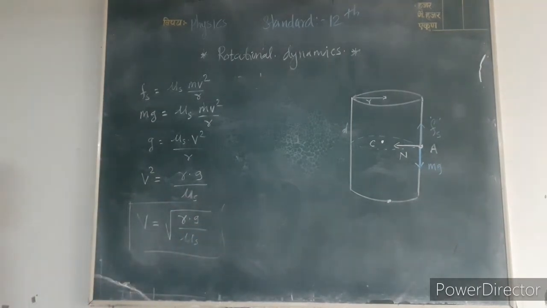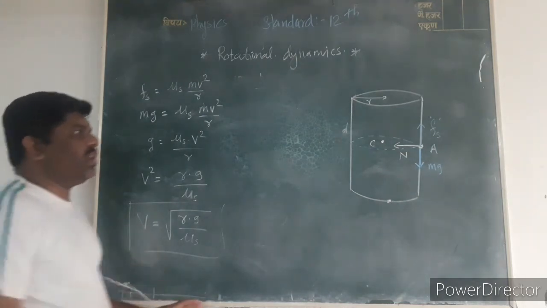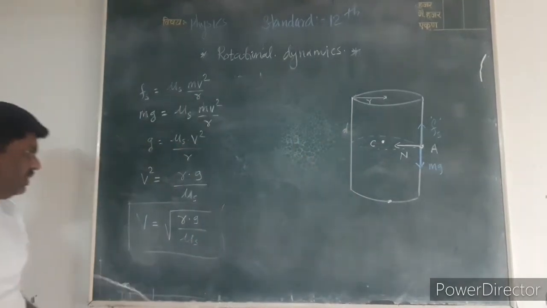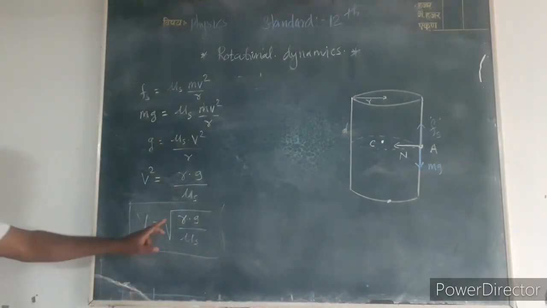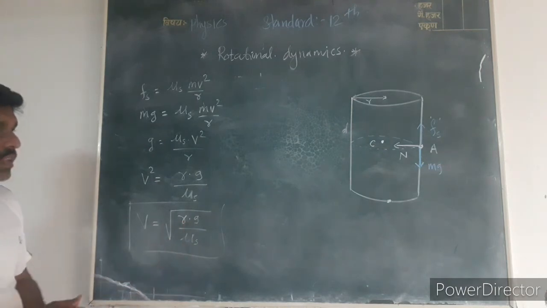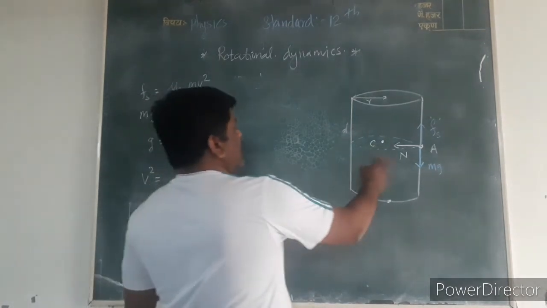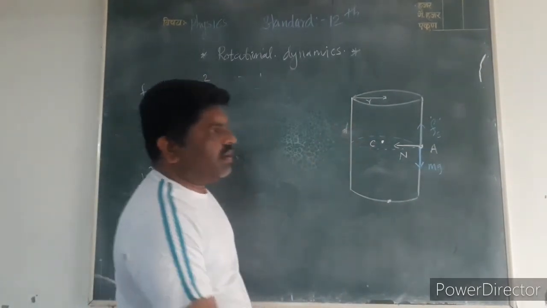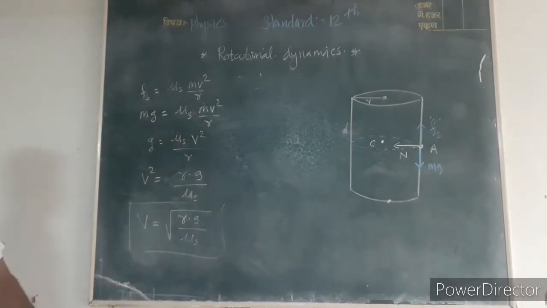This is the minimum velocity of that vehicle, or when this vehicle attains the velocity v is equal to under root rg divided by mu s, then that vehicle revolves inside this cylinder and it moves top to bottom.